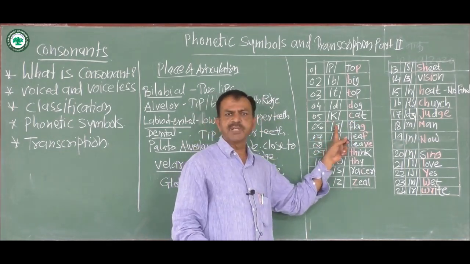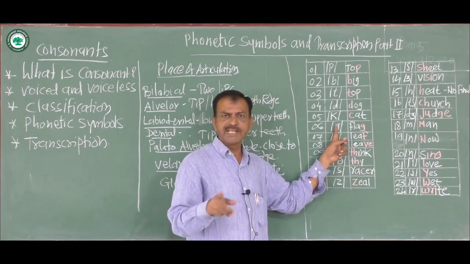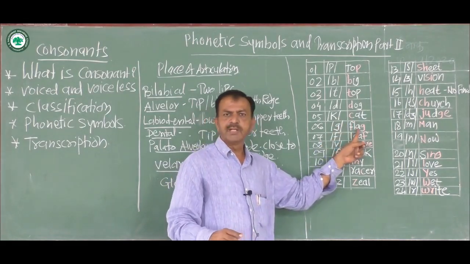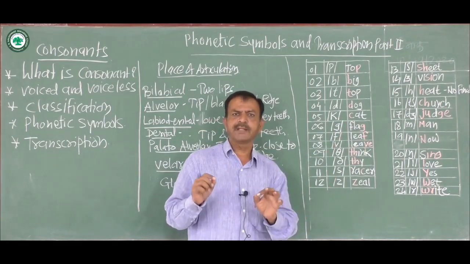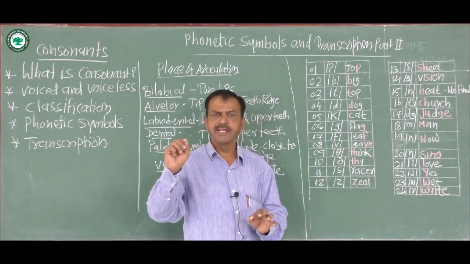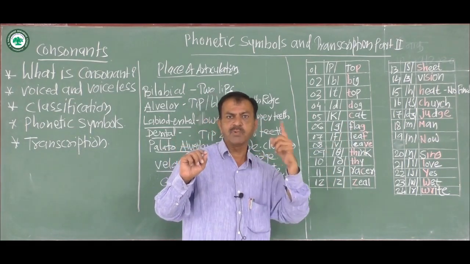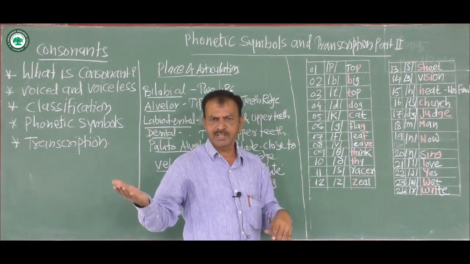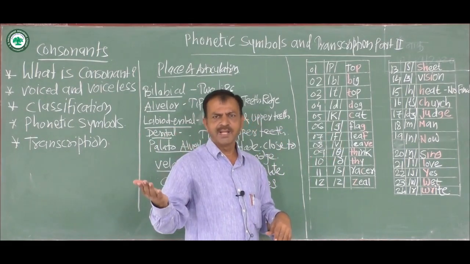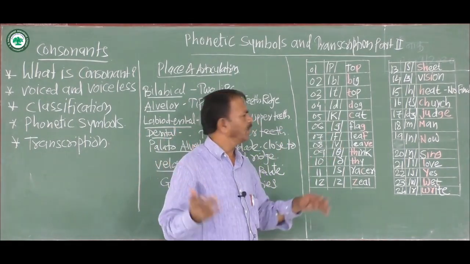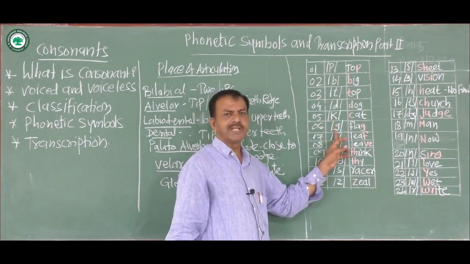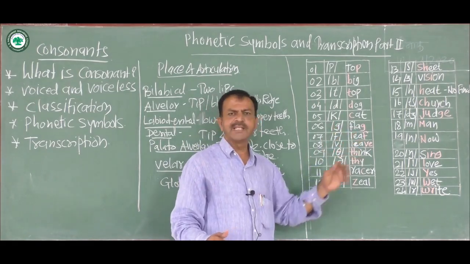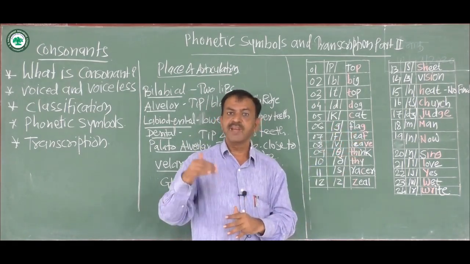The next sound is K. The spelling is K, but sometimes C indicates the sound K, as in the word cat, C-A-T, where the letter C indicates the sound K. Next is the symbol G, G as in flag, F-L-A-G.